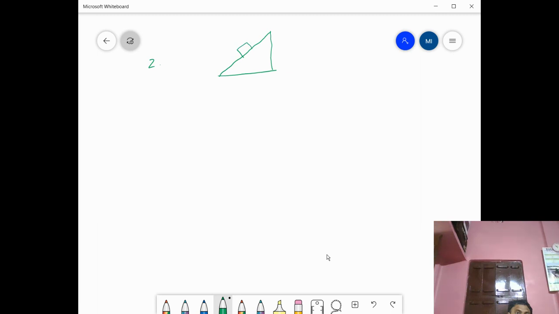Suppose a box is sliding down. It has a mass m, and this wedge has a mass M. This mg is acting this way, and this angle is theta. So find the acceleration of the box m sliding down an inclined plane, applying D'Alembert's principle.